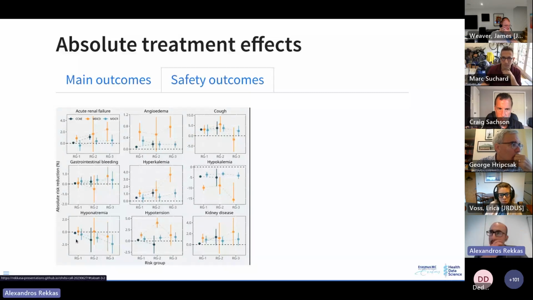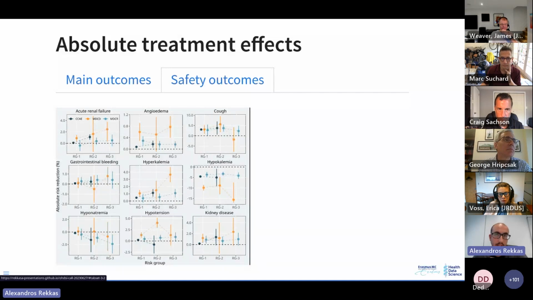So if we try to figure out what's going on here, there are four things that we can conclude from this study. First, the overall benefits found in the LEGEND hypertension study are not that easy to translate to individual patients.